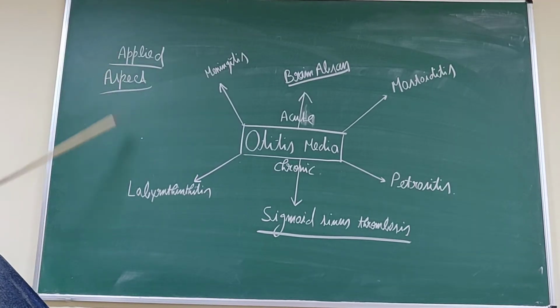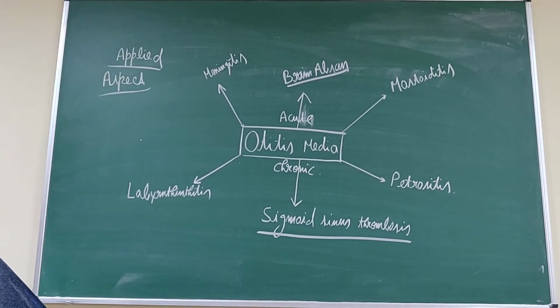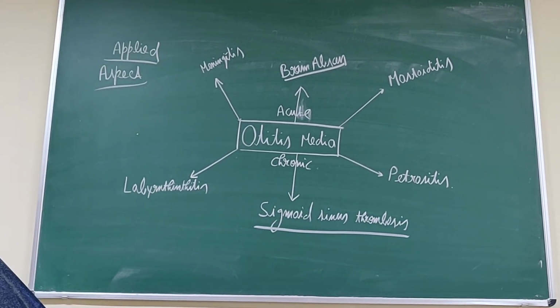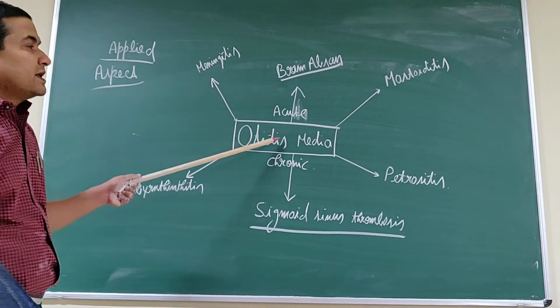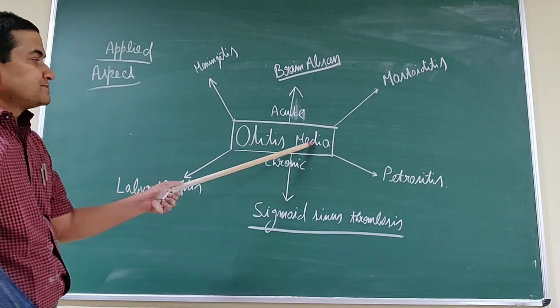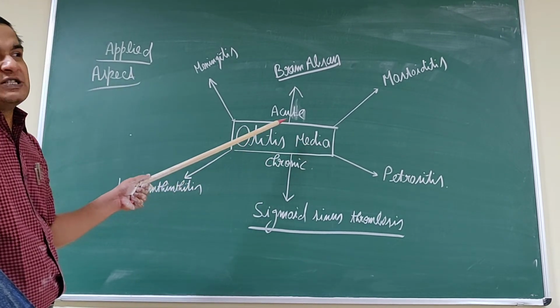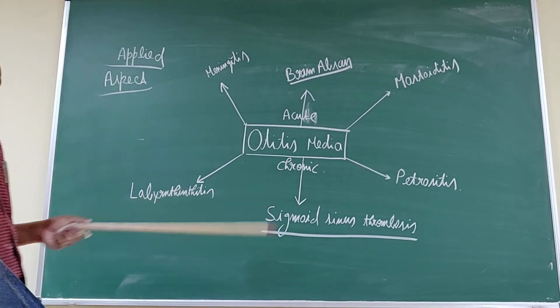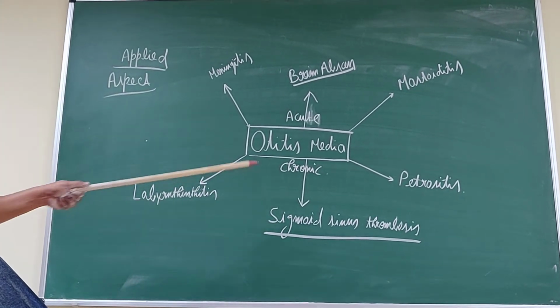Now the applied aspect of the tympanic cavity. The infection of the middle ear is known as otitis media, which is most common in children. This may be acute or chronic.